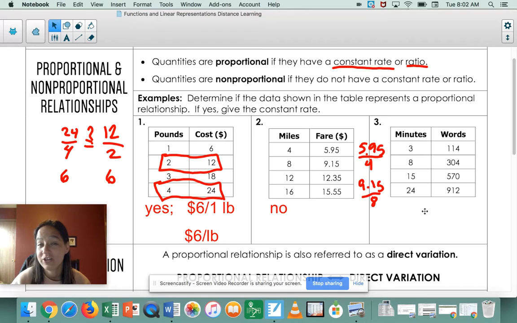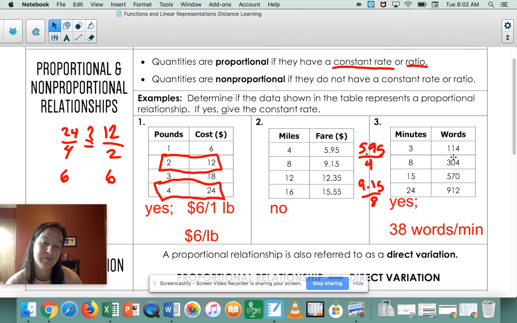So you should have said, yes, this is proportional. And when I put them into fractions, I realized that it was 38 words per minute. Okay. So number 1 and 3 are proportional. Number 2 is not. So again, I have these tables. How do I figure out if they are proportional?